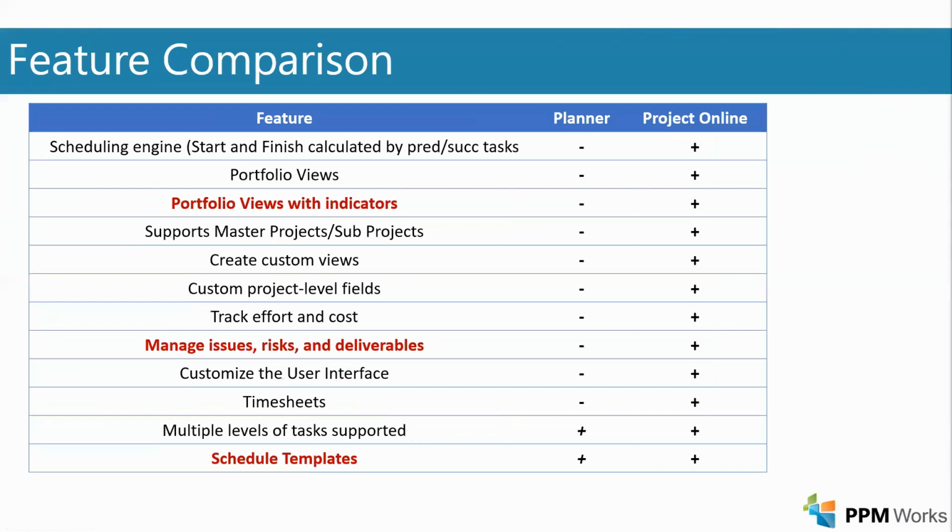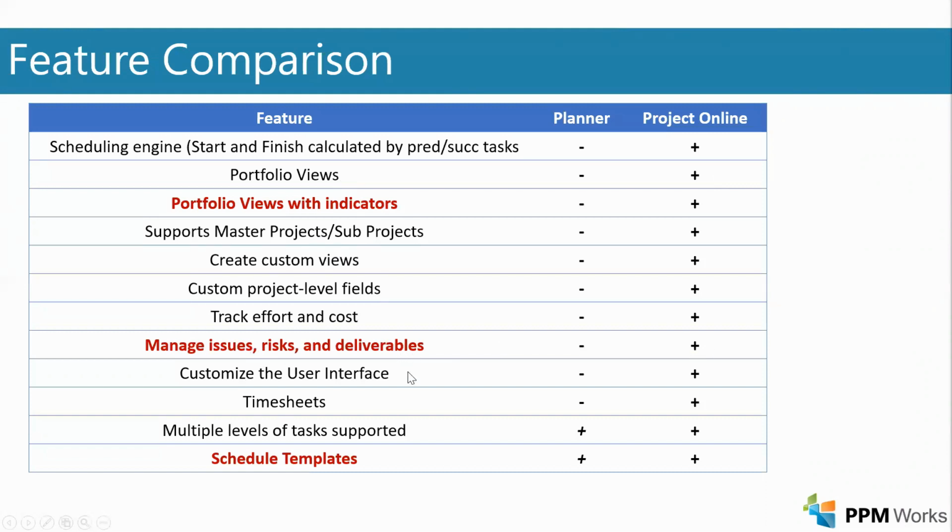Now, when we get more into the detailed stuff of the scheduling engine, that amazing tool that comes with Project Online, portfolio views and views with indicators, the fact that it would support master projects and sub-projects, you could create custom views and project level fields, track effort and cost. If you need to be able to manage issues, risks, and deliverables, those lists we talked about that come built in to the project websites that come when you publish a project, then that would all be built in already into Project Online, not into Planner.